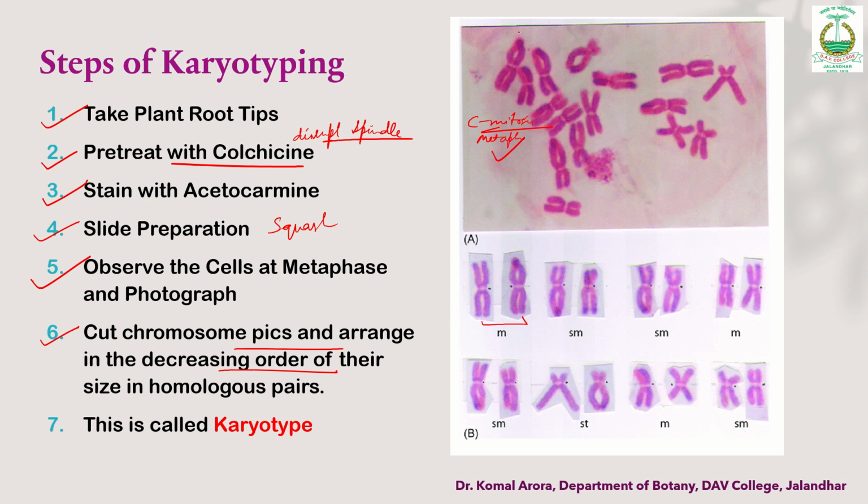Then we cut each chromosome and match them depending upon length or position of the centromere. We make homologous pairs, and on the basis of length, we arrange from the longest to the shortest. This is how the karyotype is prepared, and then we can easily compare karyotypes of different organisms. So all cytological studies are based upon karyotyping.